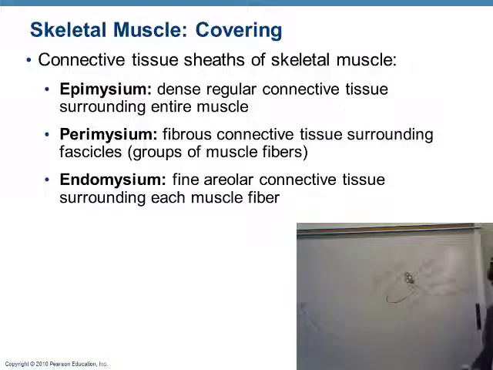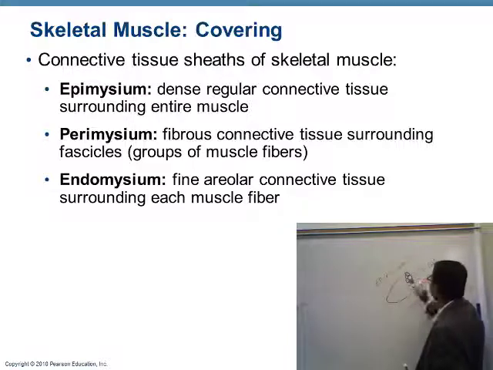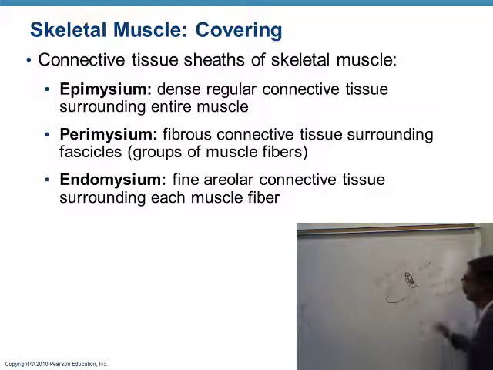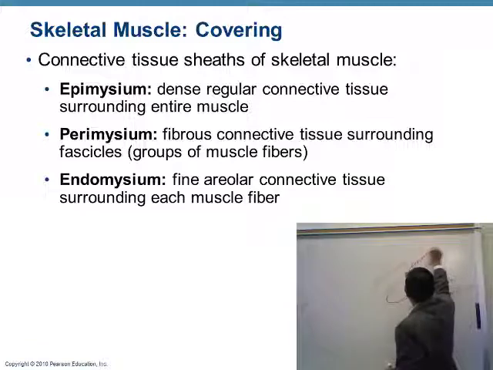And then the muscle fiber is covered by another connective tissue membrane, and that is called endomysium. That's the innermost one, right? So endo means inside, you know that. Endomysium.